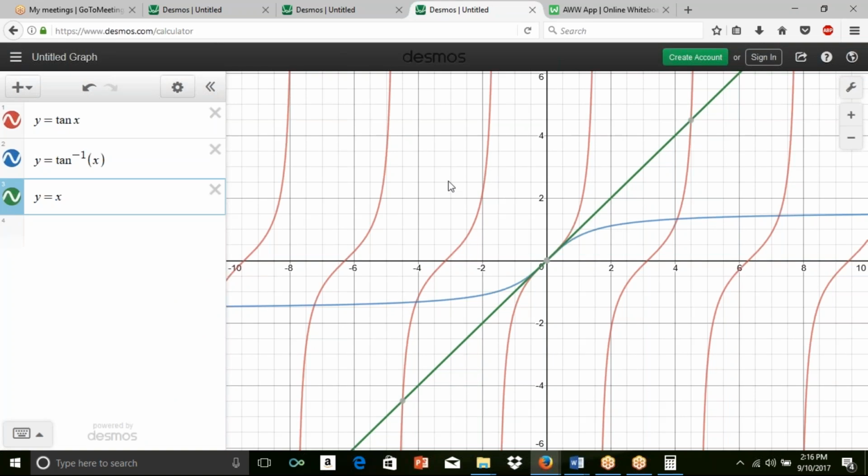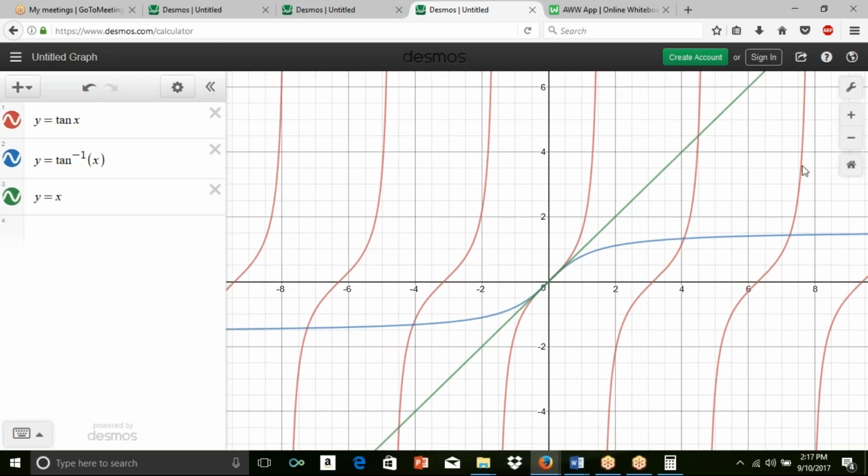The red is the tangent function, blue is the arctan function, and then our y equals x axis. Now, the restriction on this is pretty interesting too, because if you remember, our function is only restricted between this value right here and this value right there.